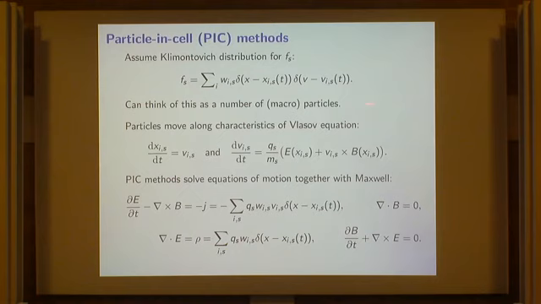If you do this, normally you don't take as many particles as there are in reality, because in reality there are like 10 to the 20 particles or something like that, so you have no hope with that. So instead you think of one of these particles to be what's called a macro particle. It represents a lot of particles that are all at the same position and at the same velocity.